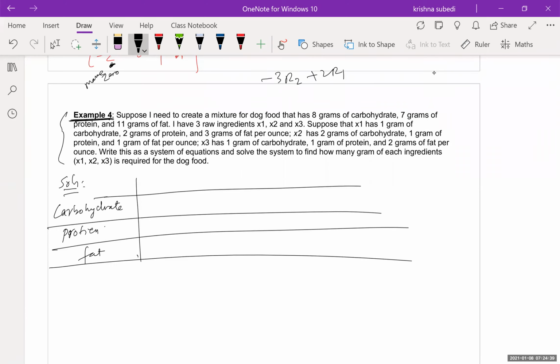So these are the 3 items there. The problem says write this as a system of equations and solve the system to find how many grams of each ingredient x1, x2, x3 is required. So I have 3 raw ingredients x1, x2, x3. These are our variables.